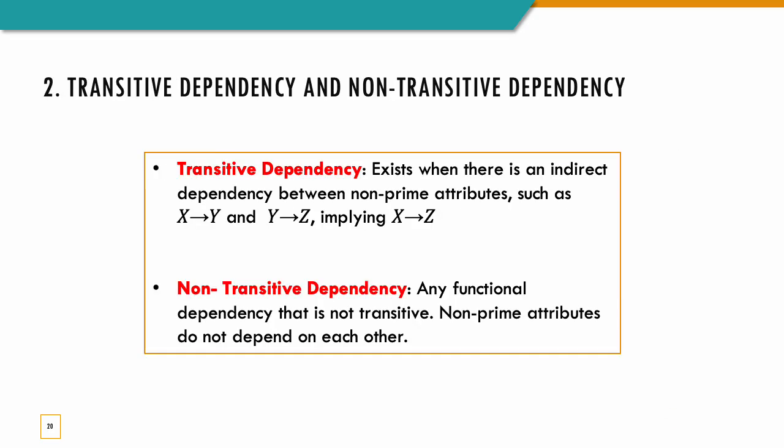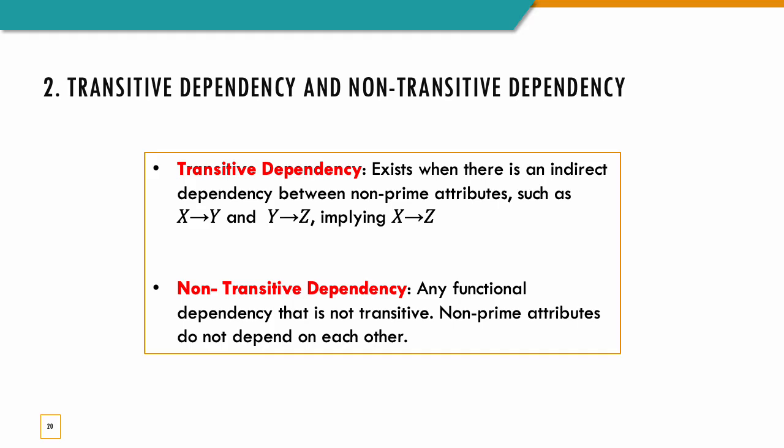Now the second type is transitive dependency and non-transitive dependency. A transitive dependency occurs when one attribute indirectly determines another attribute through a third attribute.